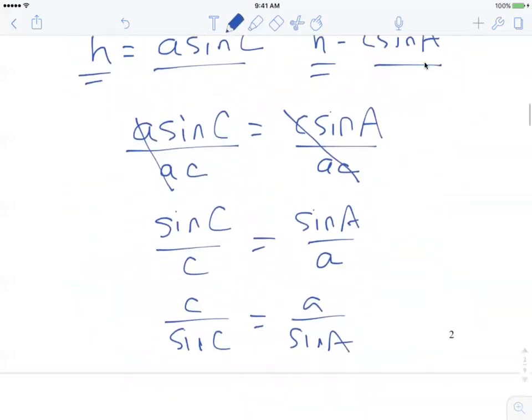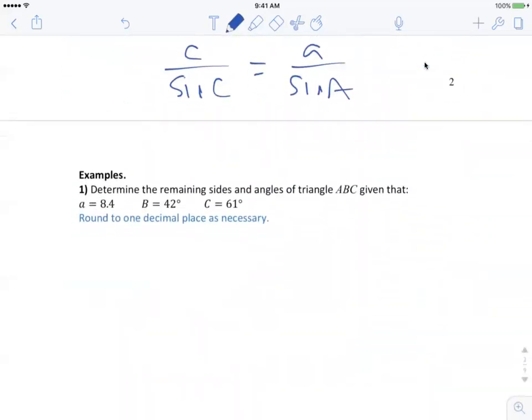So let's do an example. Here we're just given 3 pieces of information. We have 2 angles and a side. So let's draw it out and see what kind of case we have. It doesn't really matter where you put the angles, but usually we're going to just do it standard ABC, right? I'm not really drawing this to scale, but that angle up there is 42.